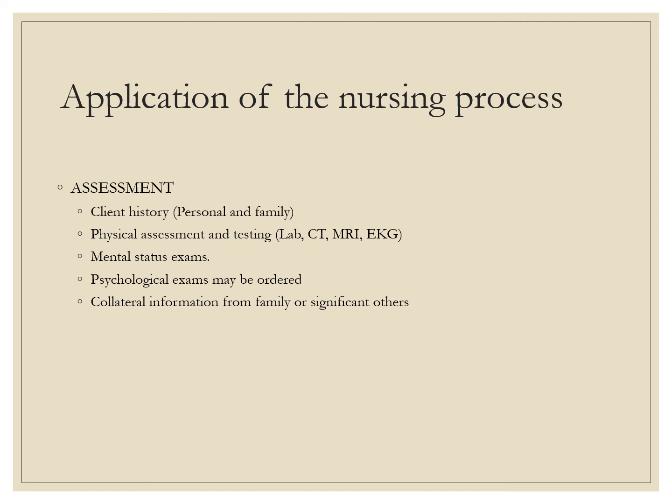So the nursing process for people with neurocognitive disorder: we want to do a history, look at the personal history of the person, the family history. If they have a history of cardiovascular disease, is there another reason why we may have a dementia process going on? Or does this look like it might be Alzheimer's dementia?